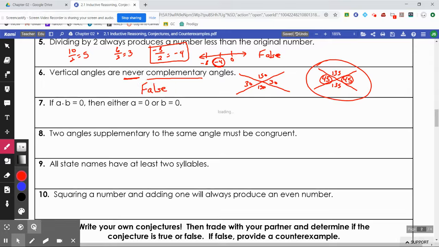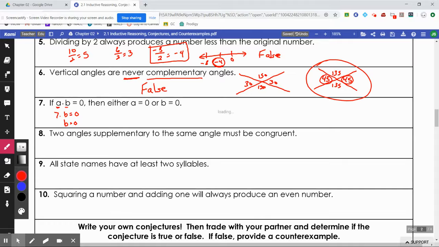Number 7, if A times B is 0, which means if you multiply one number times another number and you get 0, then either A is equal to 0 or B is equal to 0. One of them has to be 0. We'll try to come up with something. What if A is 7? And 7 times B is equal to 0. Well, that would mean that B would have to be 0.